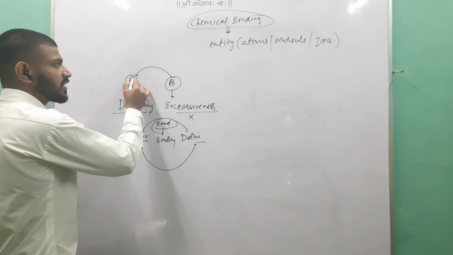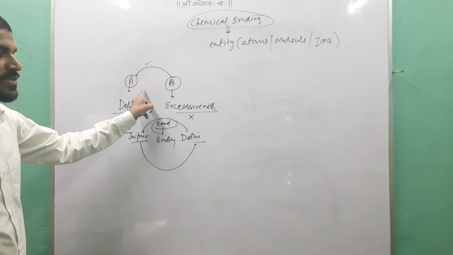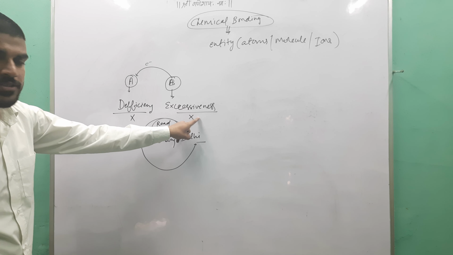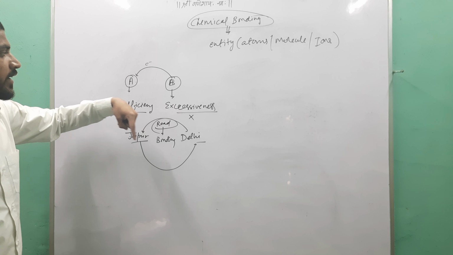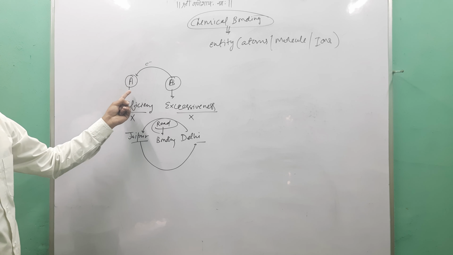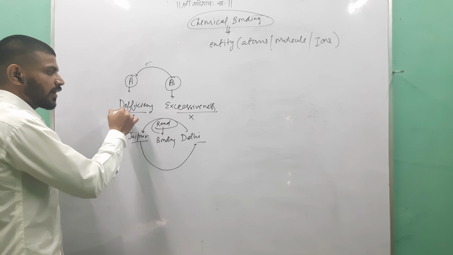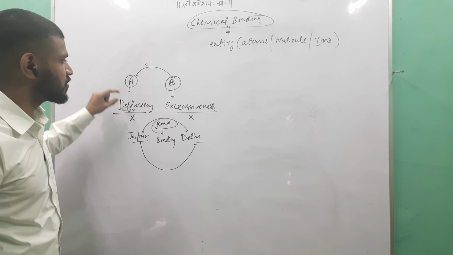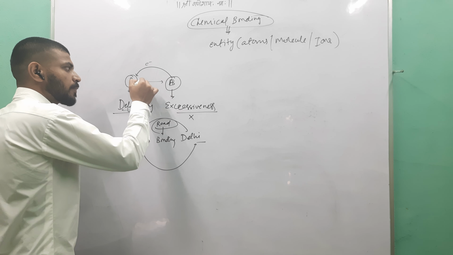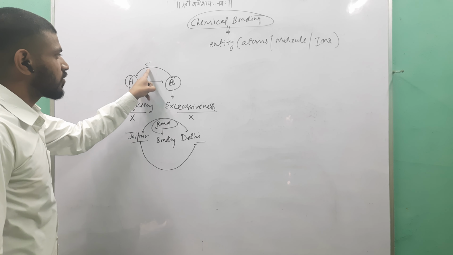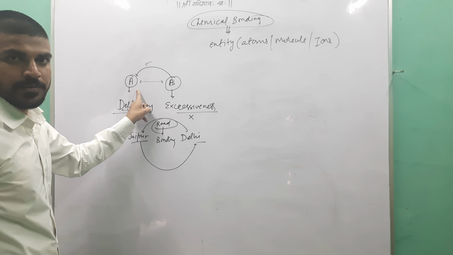Similarly, the excess electrons of one atom are driven to donate to atom A and fulfill the electron requirement that causes the deficiency in atom A. This is called a bond, and this electron will hold them together.